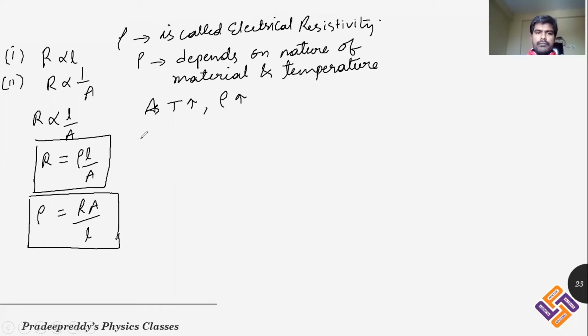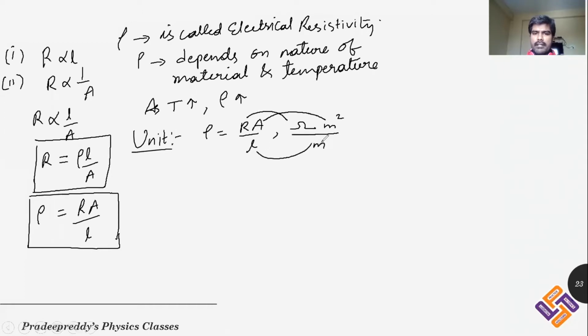And the unit of resistivity. So you have rho is equal to R A by L. What is the unit of resistance? The unit of resistance is ohm. The unit of area of cross section is meter square, divided by length, whose unit is meter. Meter and meter get cancelled.